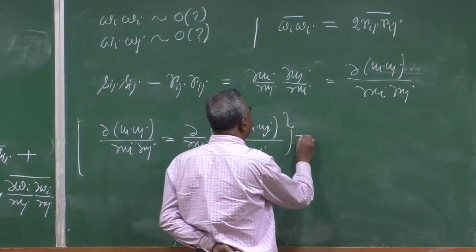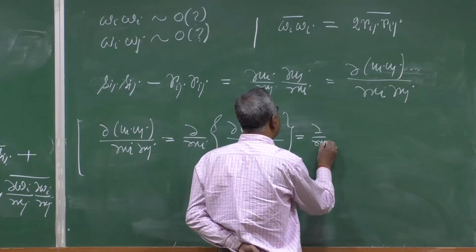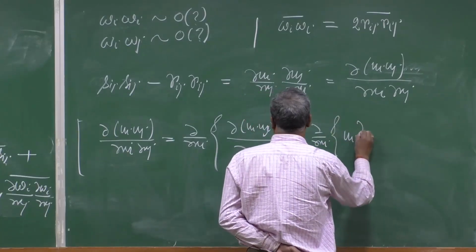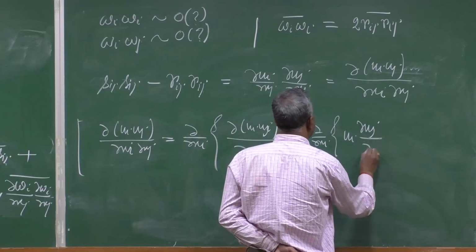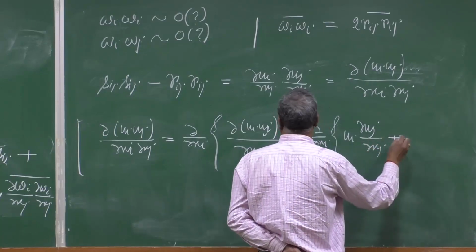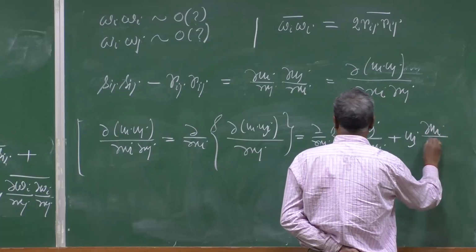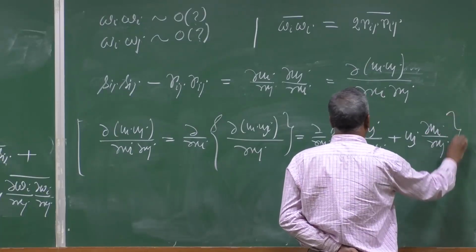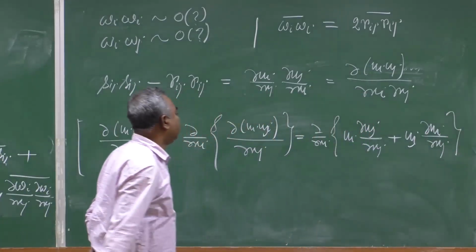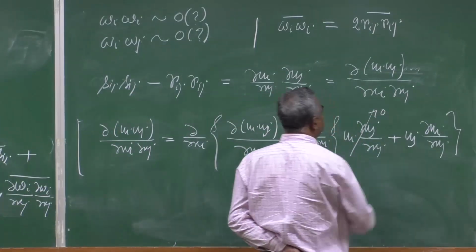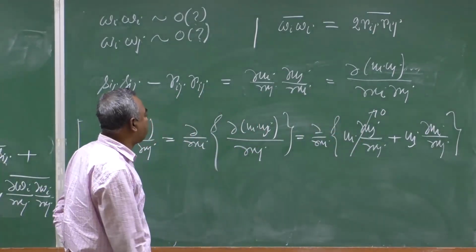So, this can be written as del x I of u I del u j plus u j del u I del x j, and this part becomes 0 from continuity. You see, this part becomes 0 from continuity.